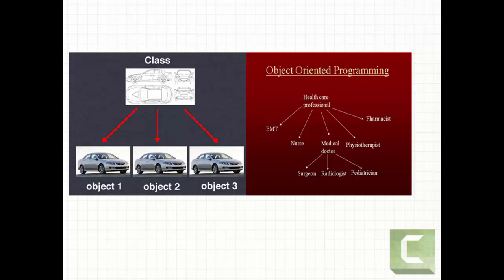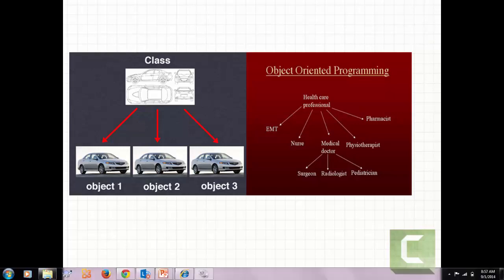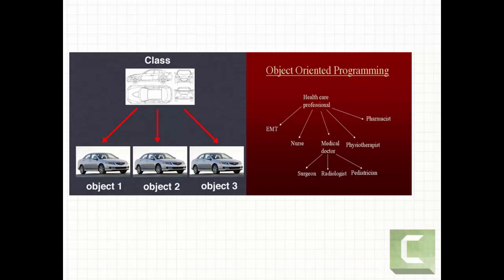In the right example, you see healthcare professional. ENT is also one kind of healthcare professional, along with nurse, medical doctor, pharmacist, surgeon, radiologist, and pediatrician. So these belong to a class, and an object is an instance of the class.